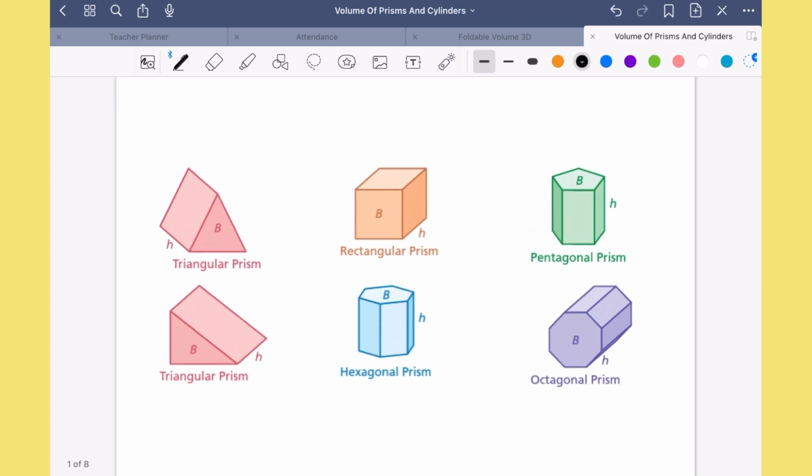They could be triangular, rectangular, pentagonal, hexagonal, octagonal. But either way, you're still taking the area of that base, which is the capital B, the big B, and you're multiplying by the height until you reach the other base.